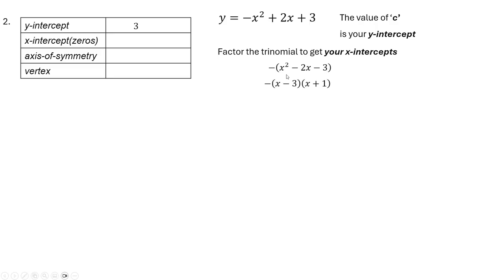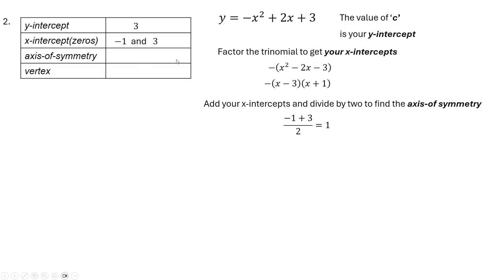So now we're looking for a number which multiplies to -3 and adds to -2, and those two numbers happen to be -3 and +1, which makes our x-intercepts +3 and -1. Our axis of symmetry is halfway between -1 and 3, so by adding them together and dividing by 2, we get an axis of symmetry which is 1.